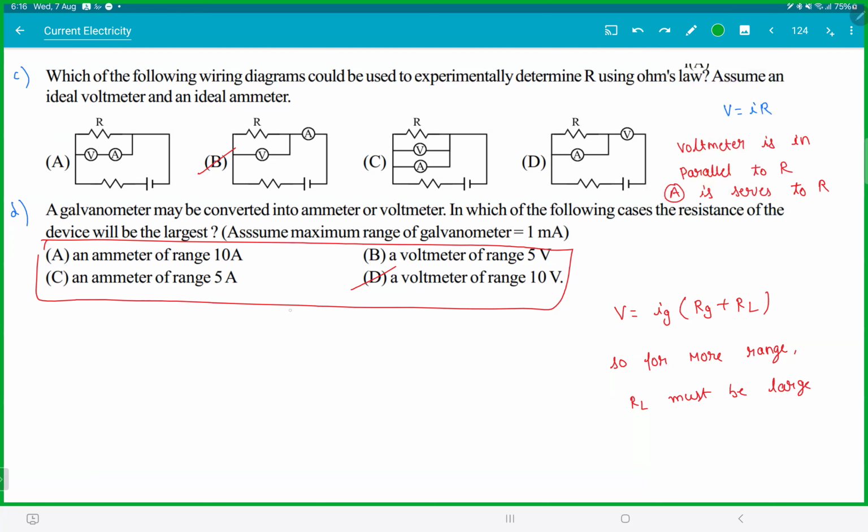I am changing the question. Arrange these four devices in order of resistance. That would be a better question.